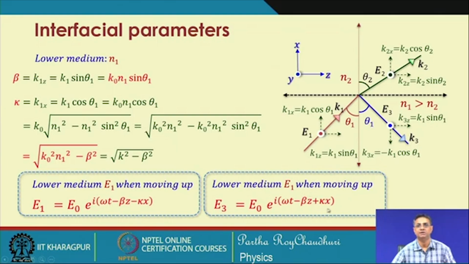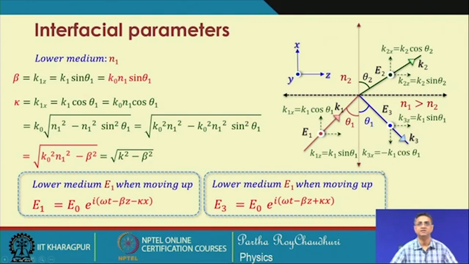Effectively, the propagation constant is along the negative x direction. So k 3 x is now minus k 1 x cosine theta; the magnitudes are the same, but with a negative sign. That is why the kappa term has now become plus kappa x. These are the neat representations of the optical waves when they are moving up and moving down.